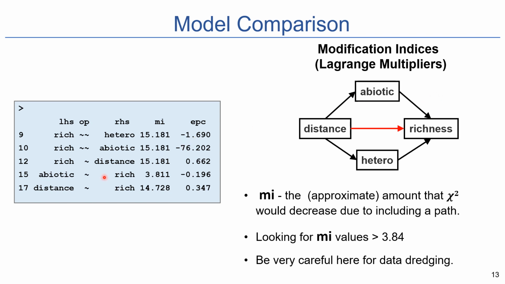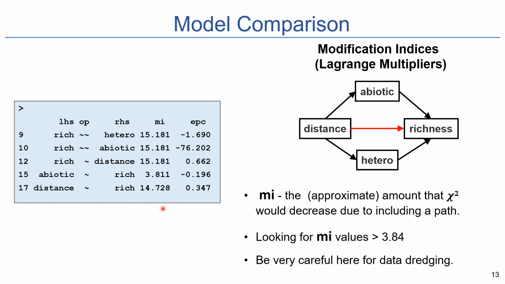Then when we inspect our modification indices further, we see that there are high indices for the relationship between richness and distance. And this can be either the effect of distance on richness or the effect of richness on distance.